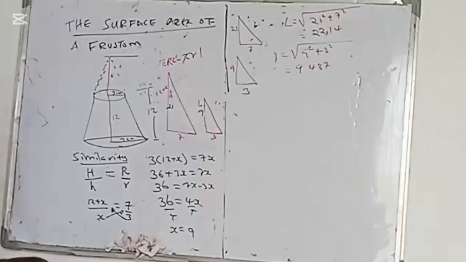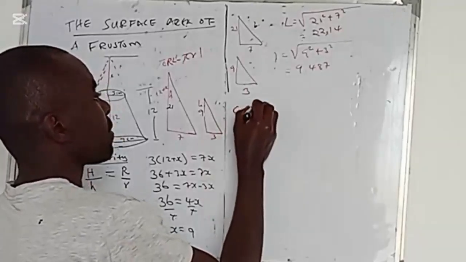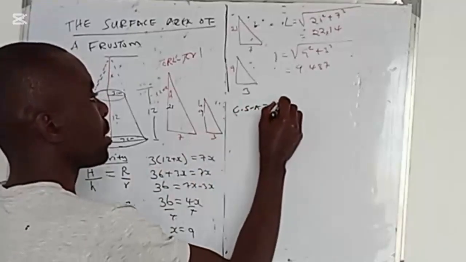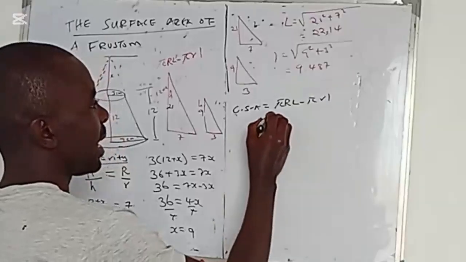Then, when we move from there, what is the curved surface area of the frustum? It's pi RL minus pi rl.